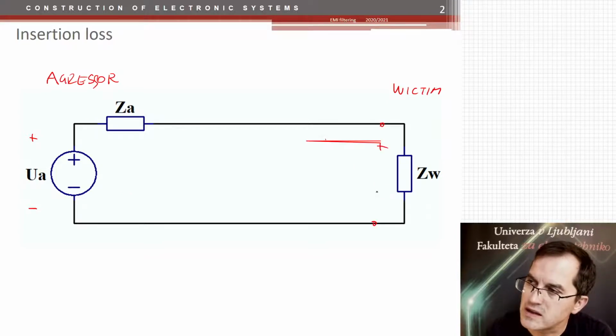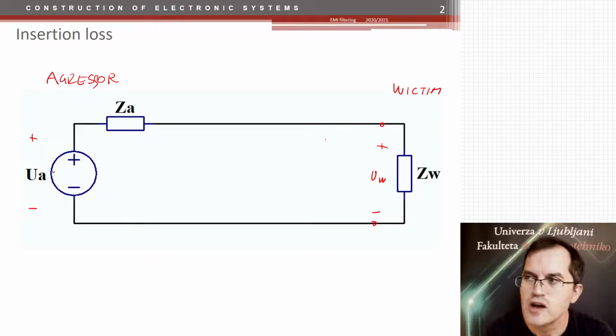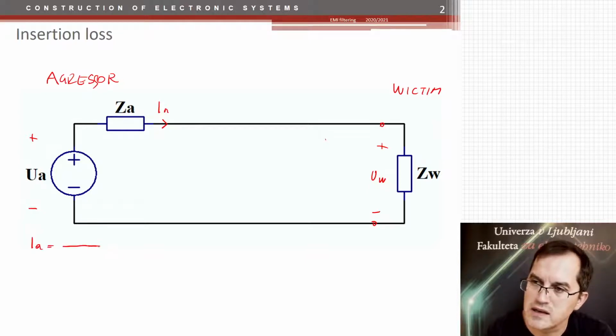So let's name it the victim voltage, and this is the aggressor voltage. So what would be the victim voltage? It's quite easy to calculate. We can calculate the aggressor current, which is the same as the victim current, as the aggressor voltage divided by the sum of the two impedances.